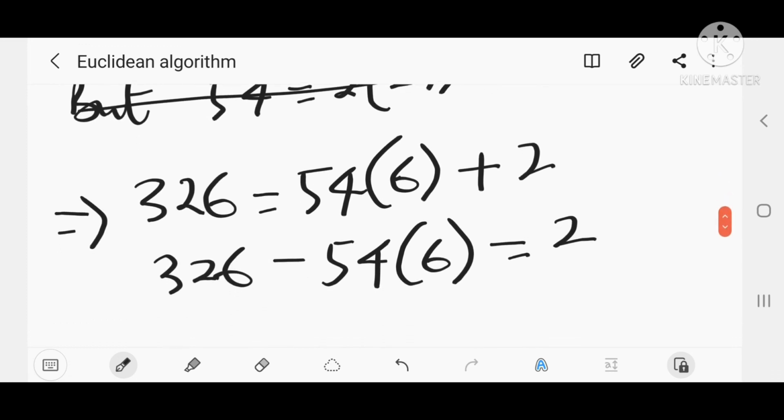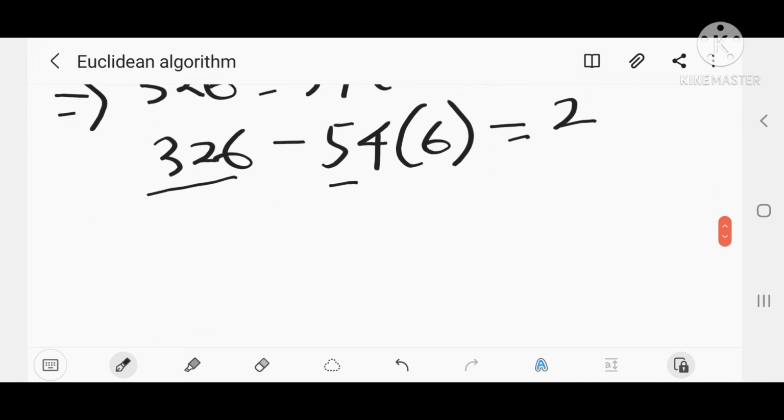You just need this, where you have the 2 as an expression of 54 and 326. Here we have expressed the 2 in terms of the two numbers we are using, the 326 and the 54.